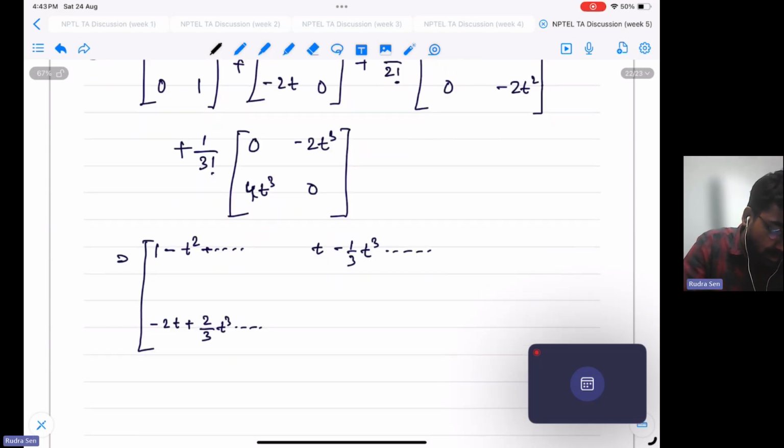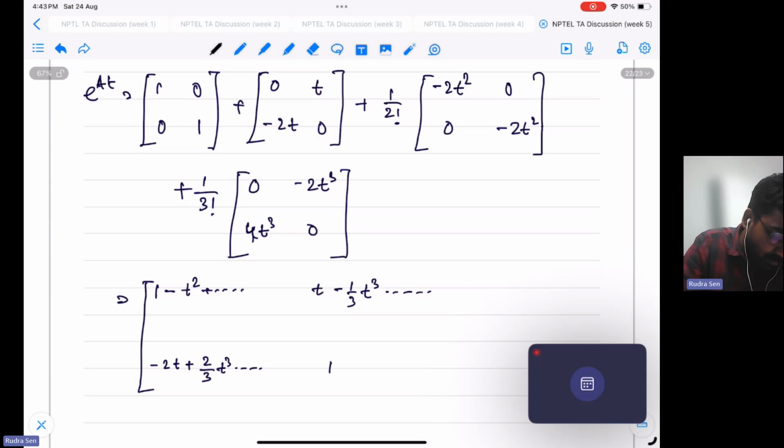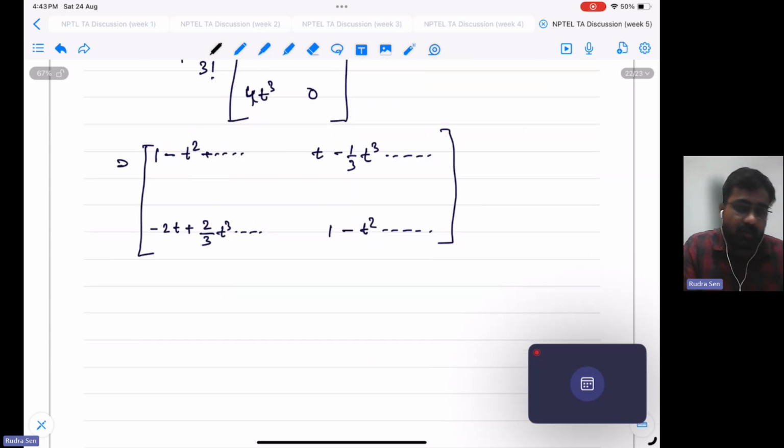Continue this way. And what is this term? It's 1 minus t squared, and it continues this way, right? So this is the thing that we get.